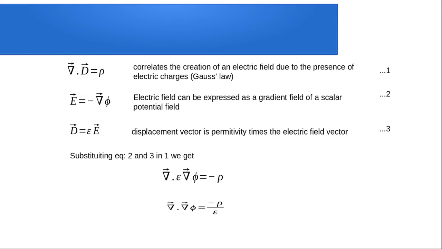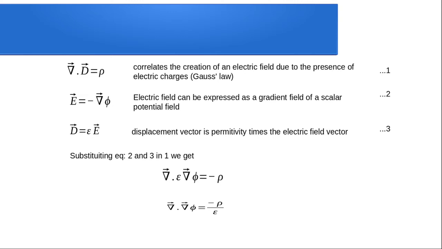Now these two equations can be used in the relation that we had seen in the previous slide, of the displacement vector connected to permittivity and the electric field vector. By substituting equations 2 and 3 in 1, we can get a relation del dot epsilon del phi.